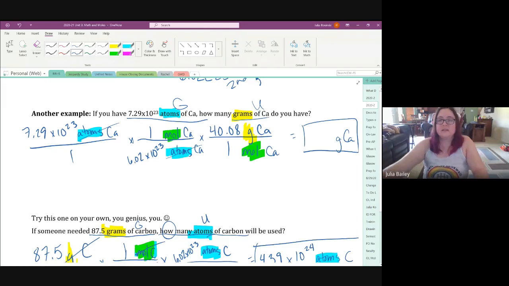And again, sticking this in the calculator, I'll go ahead and screen share my calculator this time.